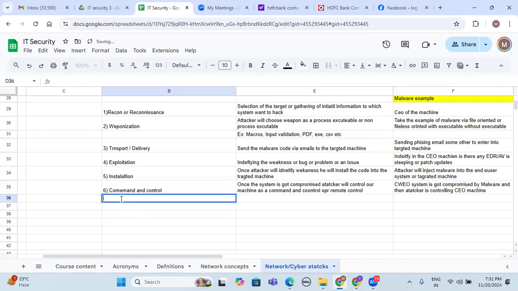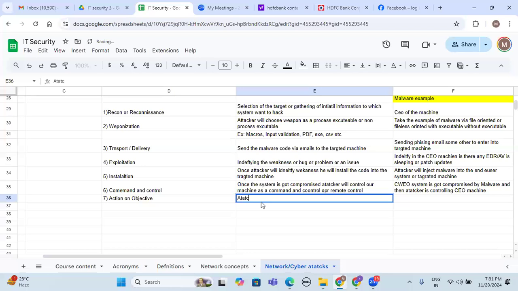Last one, actions on objective. The attacker will ask for blackmail money, or bitcoins or digital currency.